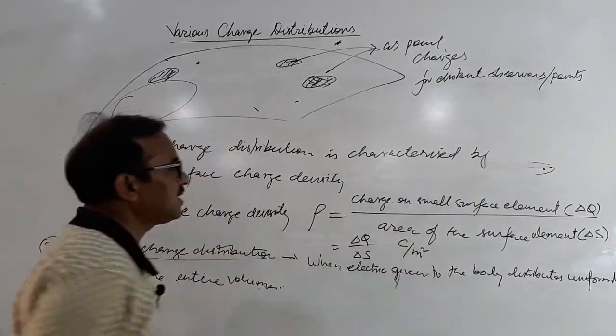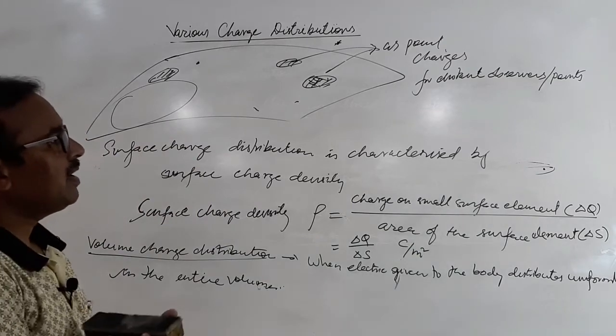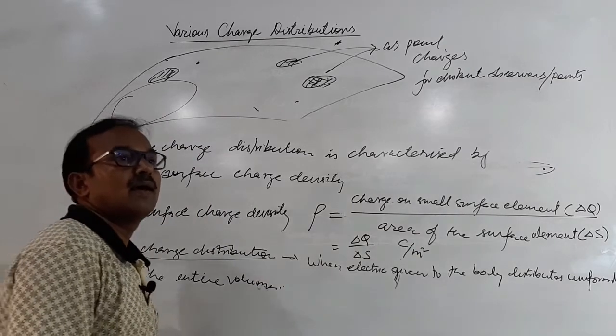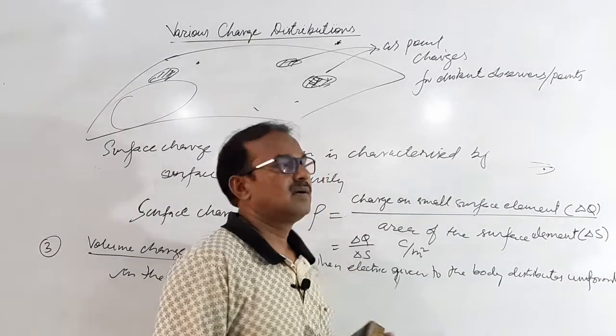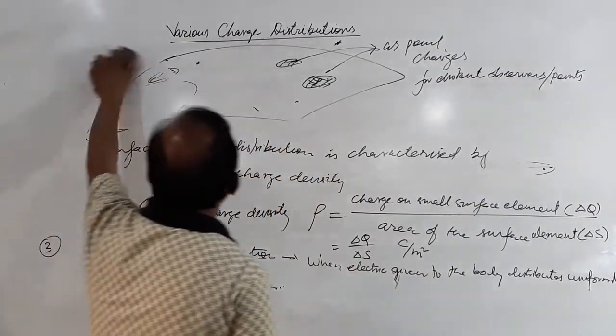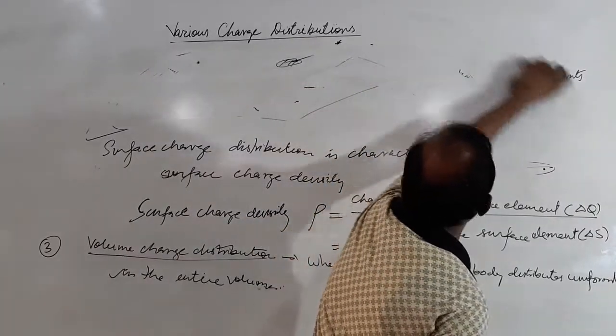Again we can consider a small volume element as a point charge. This is characterized by volume charge density.